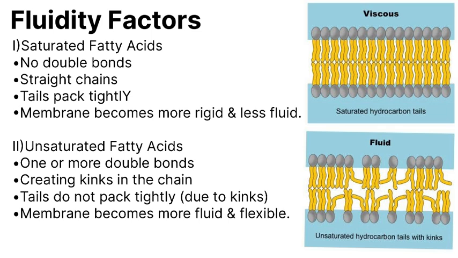Now the question arises: how do these unsaturated fatty acids maintain the fluidity of the cell membrane? The very first thing is that these unsaturated tails prevent the tight packing of the cell membrane, keeping it more fluid and flexible by maintaining the quasi-fluid nature of the cell membrane, which is essential for protein movement, cell signaling, and transport of materials more easily.